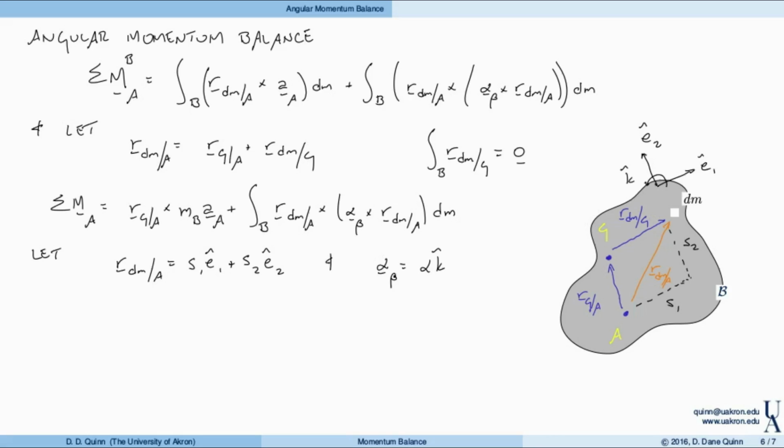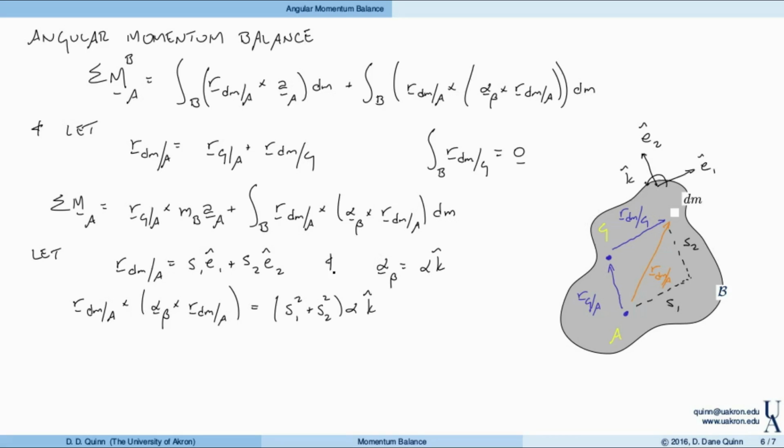And as a result, what we find is that r dm with respect to A cross alpha cross r dm with respect to A, this term inside the integral ends up as s1 squared plus s2 squared times alpha in the k direction.